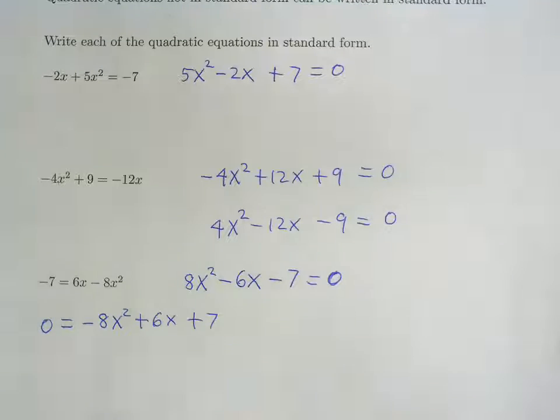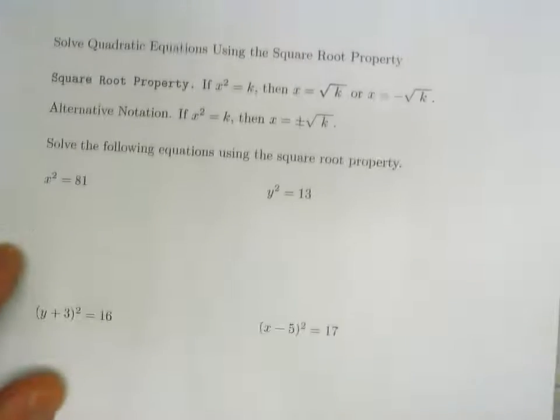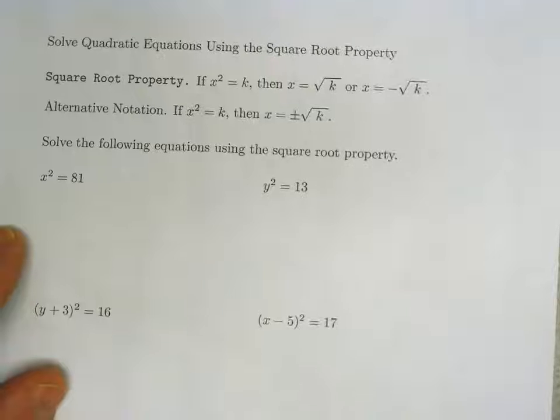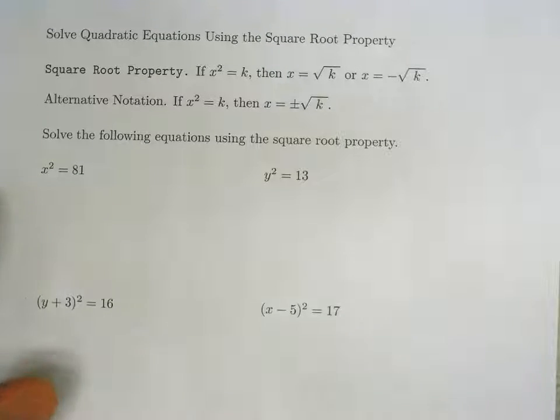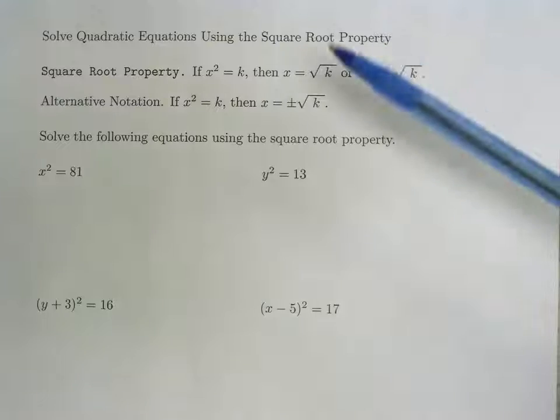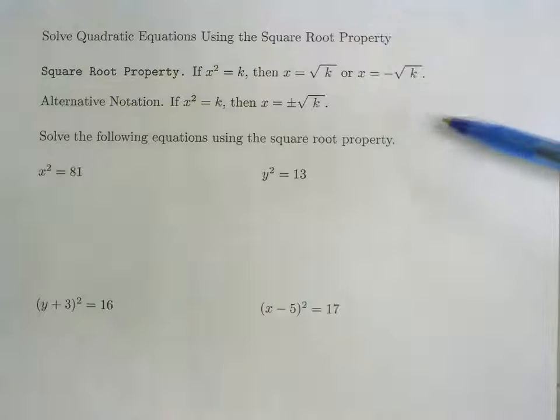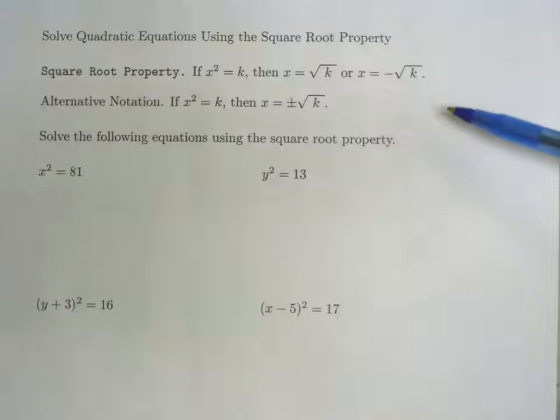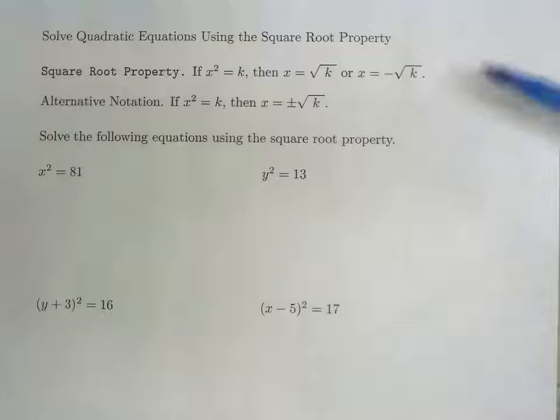Okay, now we're ready to talk about the square root property and how to solve quadratic equations using the square root property. Okay, the square root property. You already know something about this just by experience.